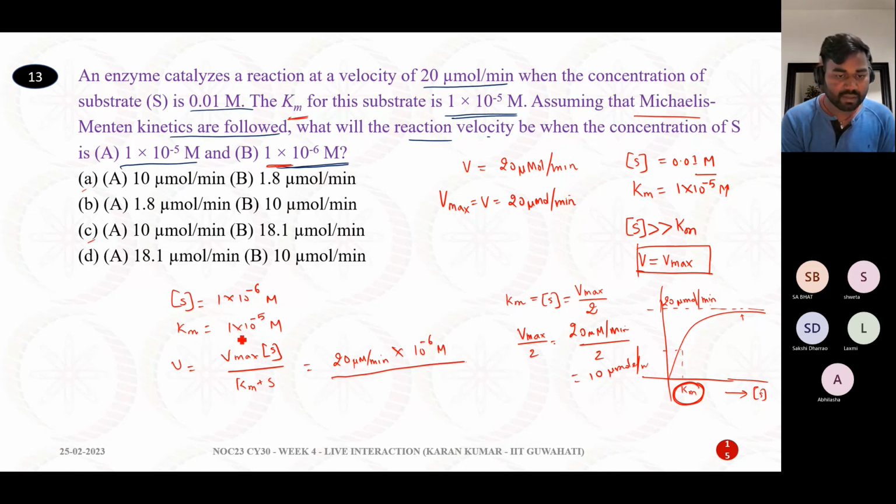divided by. Now Km can also be represented here. What will be the representation? This is 0.1 into 10 raised to power minus 6, right? This will be the 10 micromolar. This is 1 micromolar, right? Substrate concentration is given here 10 raised to minus 6. This means 1 micromole plus 0.1 micromole.